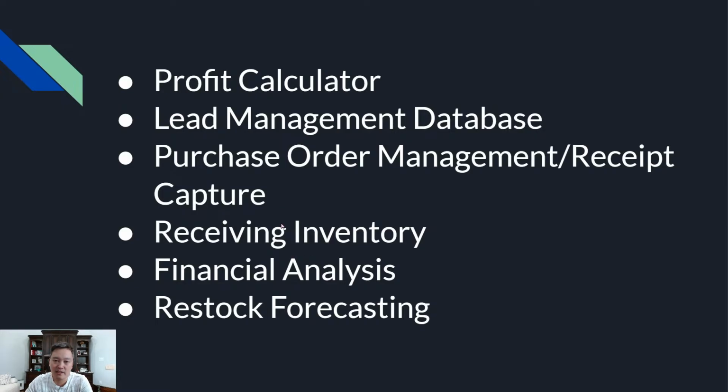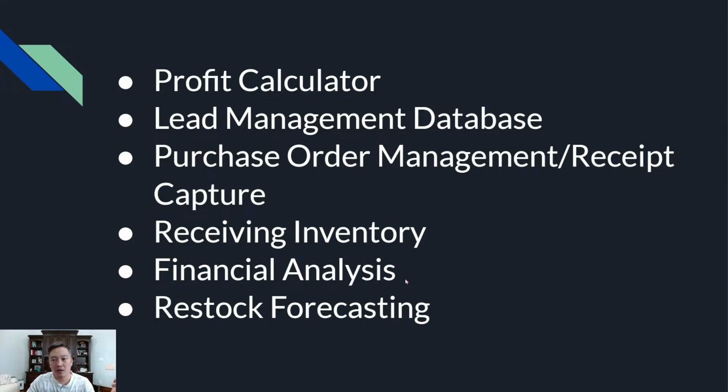Then it goes to the next piece, where it's receiving inventory. We provide a tool for that, so that you can check in your products a lot easier and a lot quicker, and dump an export file out to Inventory Lab, Scan Power, or Amazon, send to FBA. We provide a tool for the send to Amazon workflow, as well as financial analysis and restock.